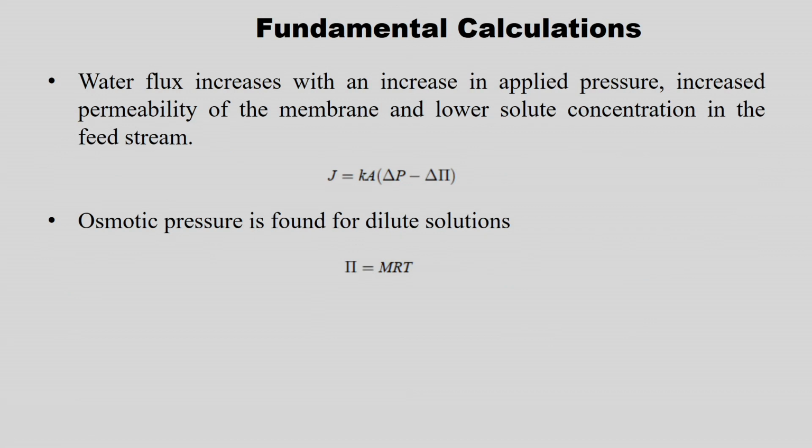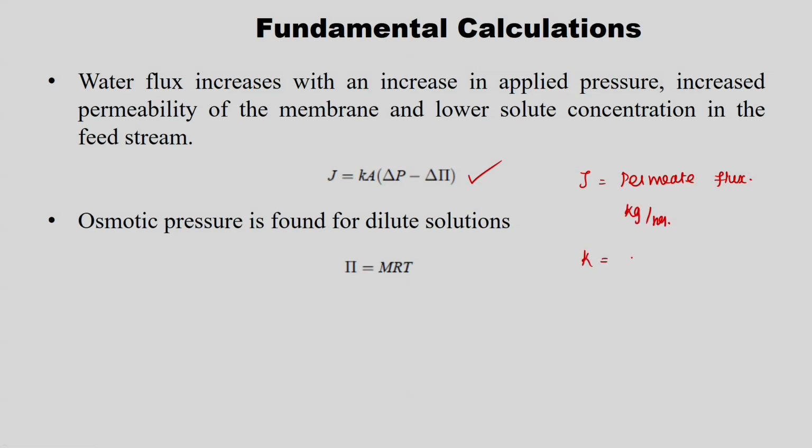So, in the fundamental calculations, we are supposed to calculate the water flux. For that, the formula used is J equal to K A (del P minus del pi). J is the permeate flux, in kg per hour.